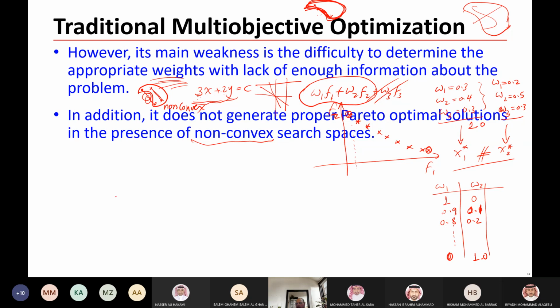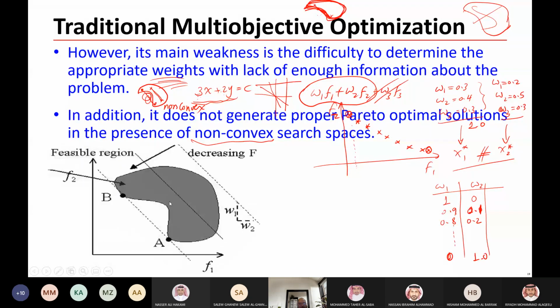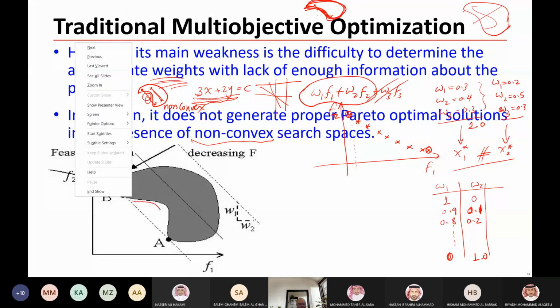So this search space is non-convex, and this is a problem with this technique. If you have such a non-convex search space and you are changing the slope of the line through the weights, are you able to identify this part of the Pareto front?